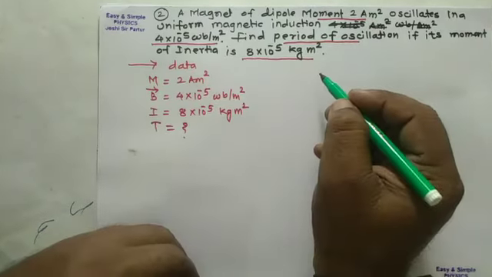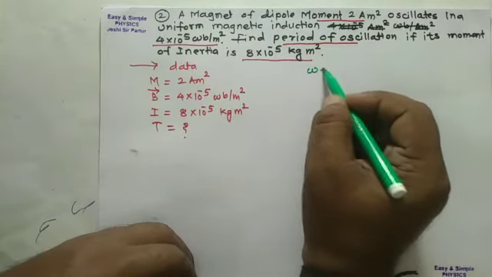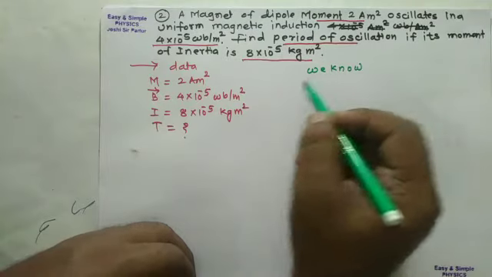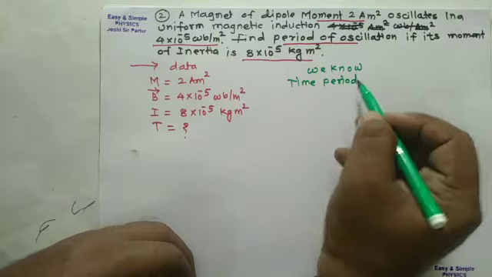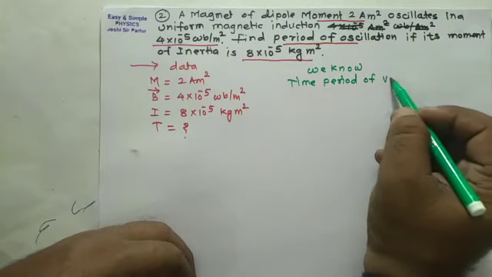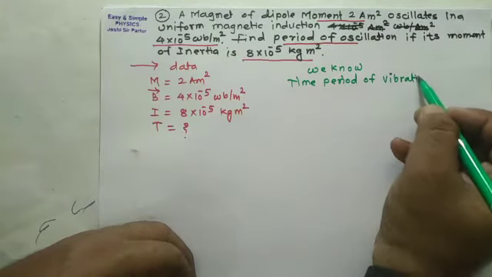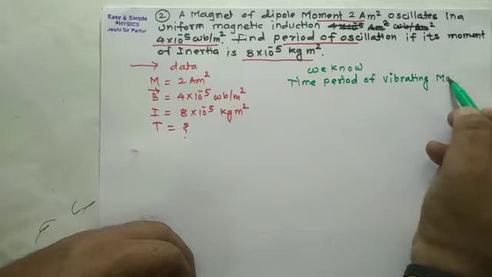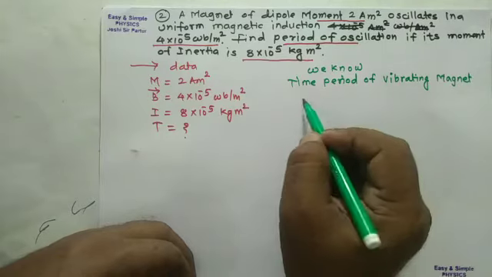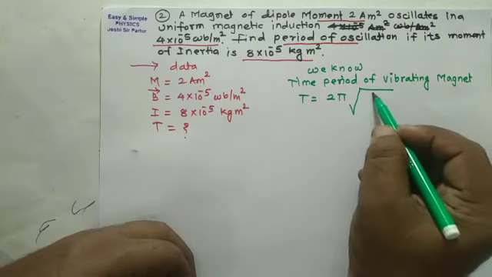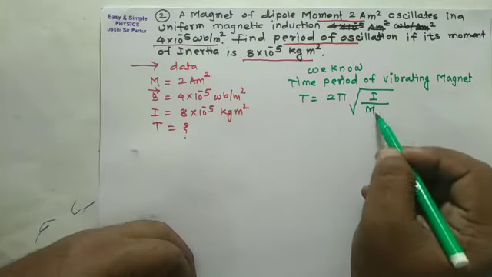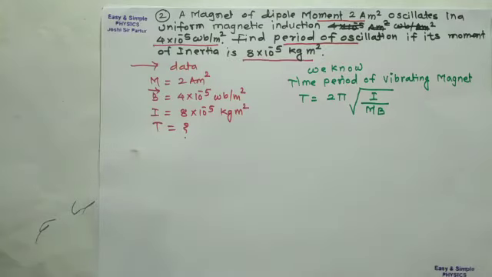In this example, we know the time period of a vibrating magnet, T is equal to 2 pi square root of I upon MB.